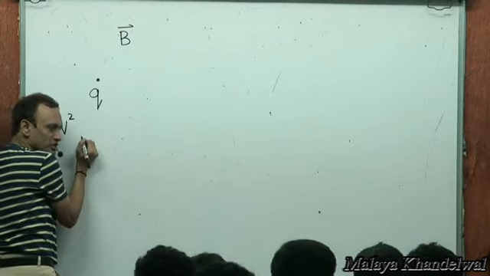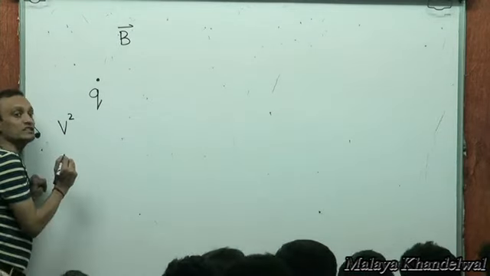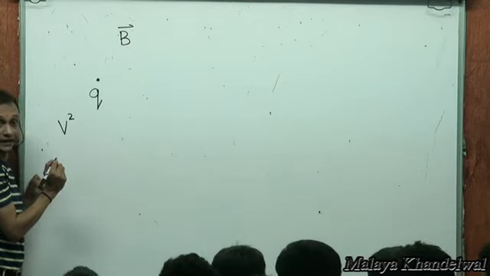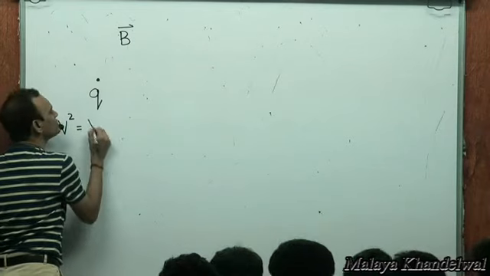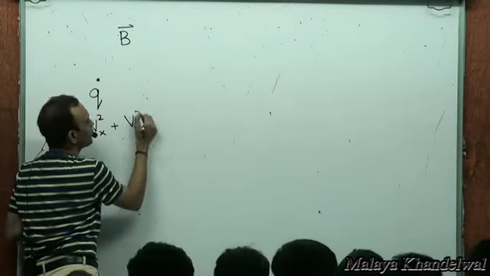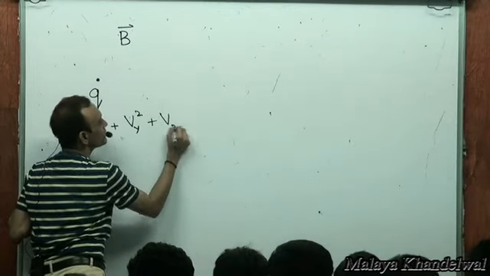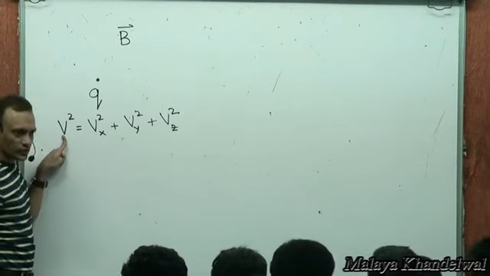The direction of velocity will change, but the magnitude of the velocity will not change with time, because magnetic fields are incapable of changing the kinetic energy because they are no work fields. So this V squared, which is the square of the x component plus the square of the y component plus the square of the z component, must remain constant. Must remain equal to V squared, a constant.